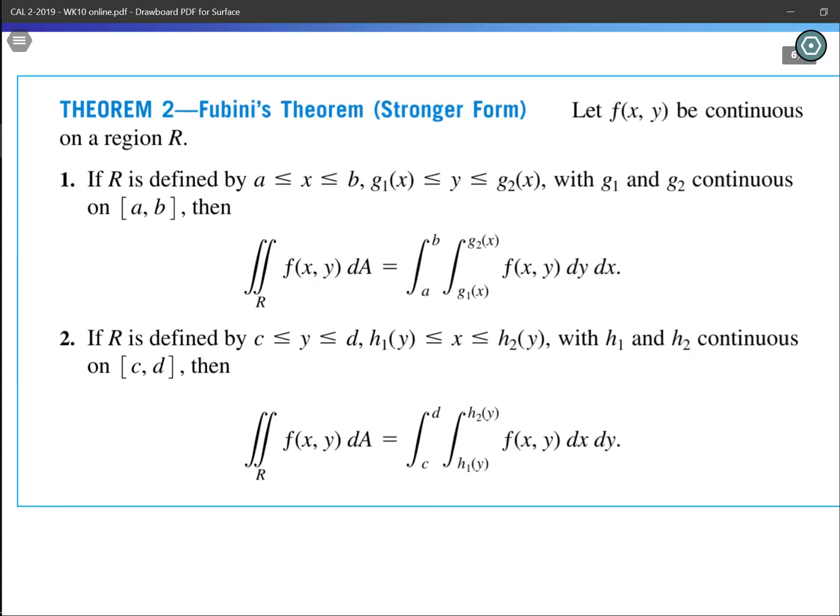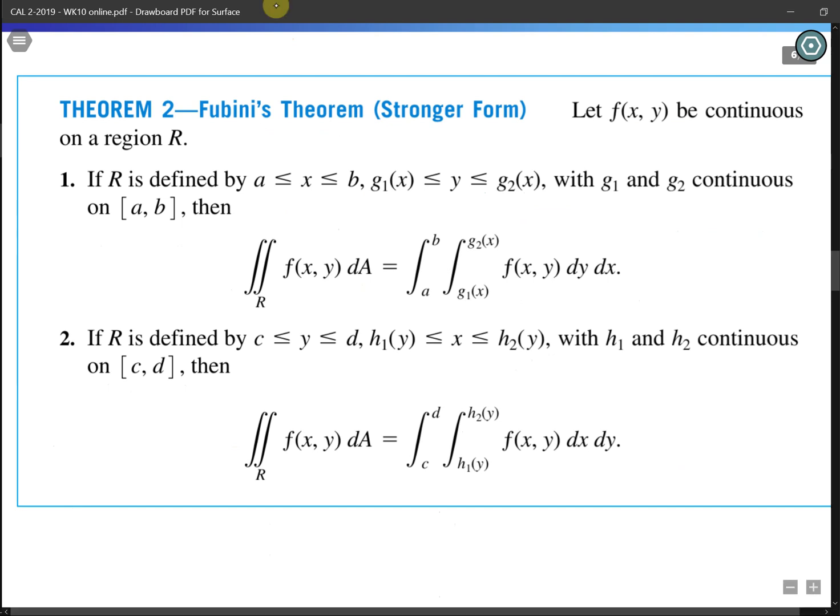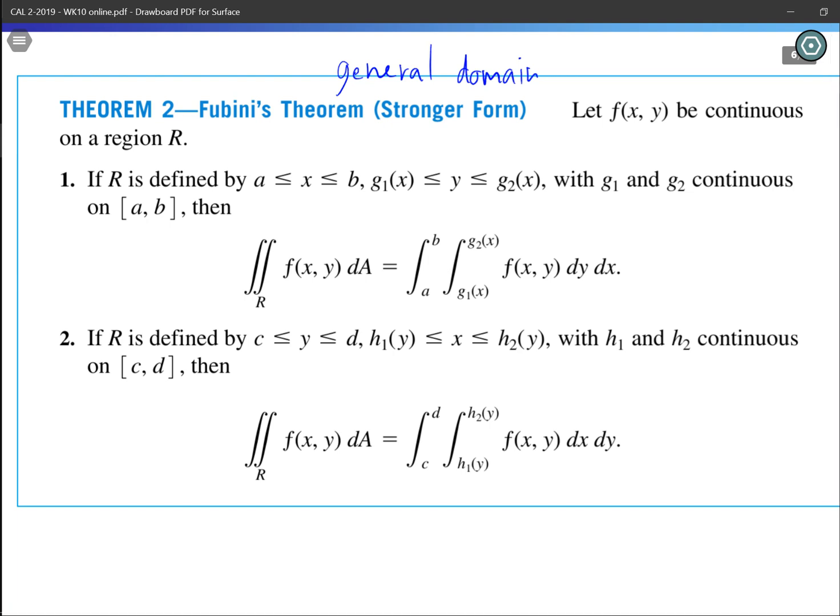This is Fubini's theorem 2 that is related to the general domain. So you might make a note here: this is for general domain. Theorem 1 is for the rectangular domain, theorem 2 for general domain.